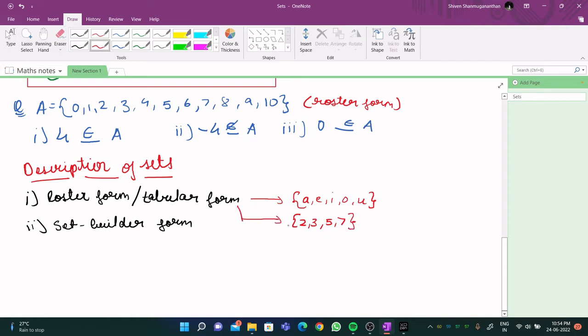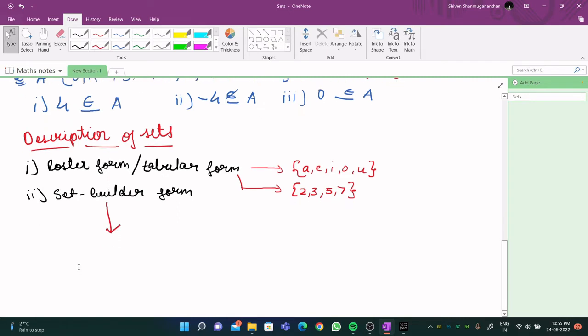This is another example. Now the set builder form. Set builder form is essentially making an algebraic expression for the elements in the set. For example, let me draw an arrow here. We will be going down. Now let's pretend that we have a set A, which is 1, 2, 3, 4, 5, 6, 7, and 8.